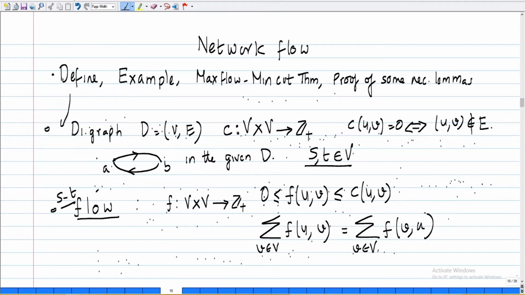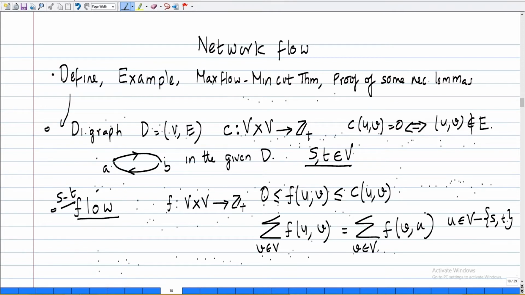For every u belonging to V minus {S, T}, except at the source and the terminus: if you think of your school circuits which consist of resistances and a voltage source, except at the positive and negative terminus of the voltage source, at every other intermediate point, whatever current comes in has to go out.